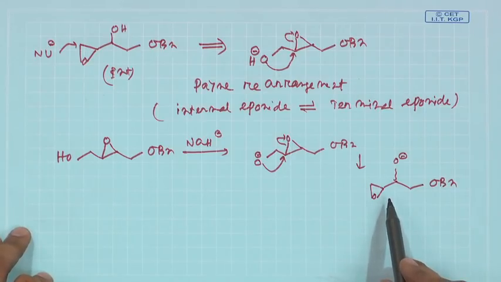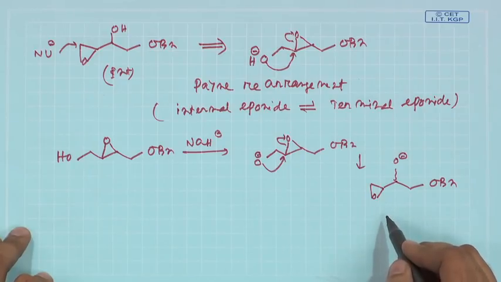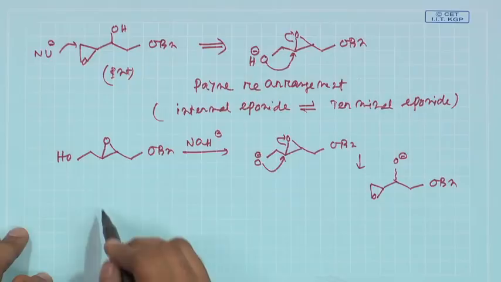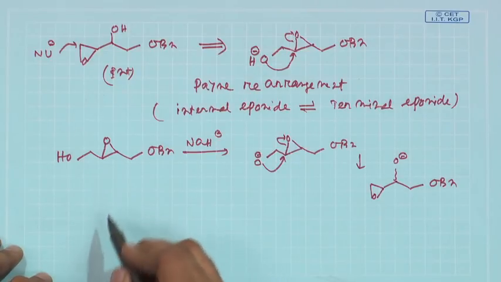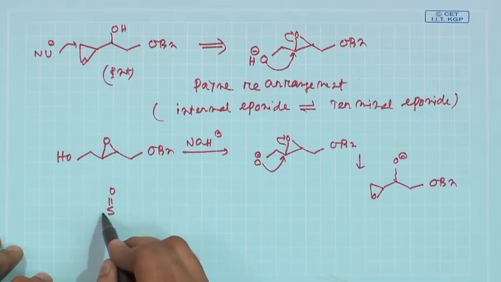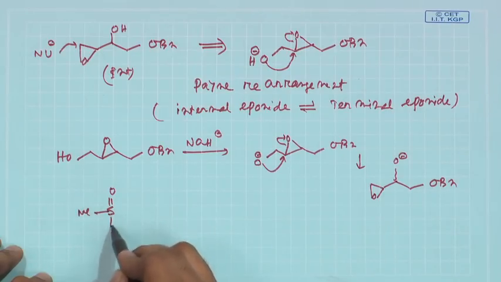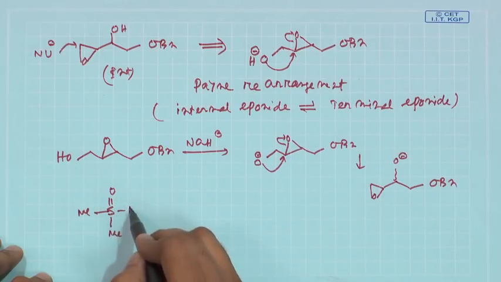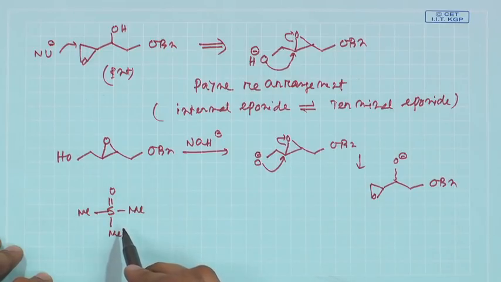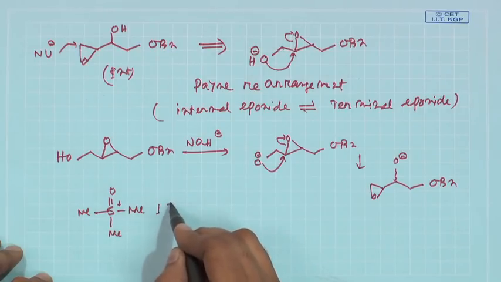Now, this terminal epoxide, you can treat with an external nucleophile which can also give you an extra carbon. The particular nucleophile we will be talking about is one we used in the Corey-Chaykovsky reaction, if you remember. It is trimethylsulfoxonium iodide, S plus and I minus.